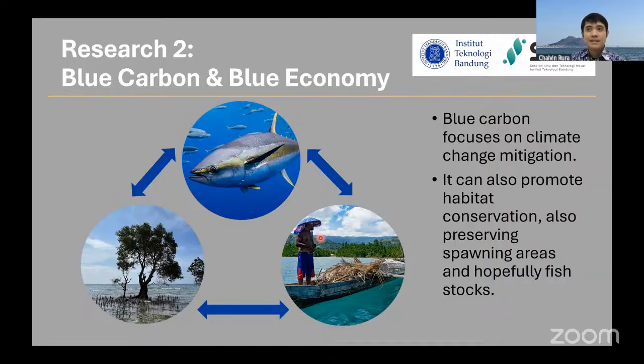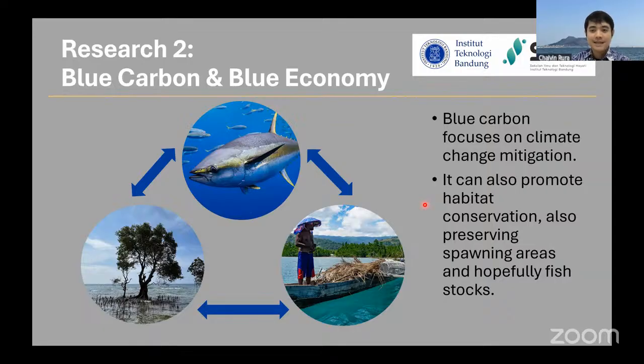By preserving this habitat, we can evaluate, in US dollars, how much potential carbon we can absorb from the atmosphere if we protect this mangrove. In layman's terms, we can ask money from industries that produce carbon and tell them, if you pay this amount of money, we can ensure the protection of this habitat, so it can help counteract your carbon dioxide producing activity. That's basically the main idea of the blue carbon framework.